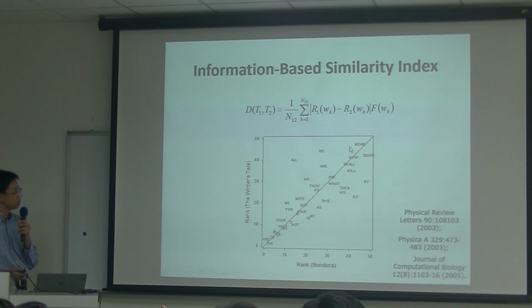Using these features, we developed a measure called a distance measure. For unsupervised learning, one important thing you need to define is the distance between two objects. For texts or places, you can define the distance between two texts.